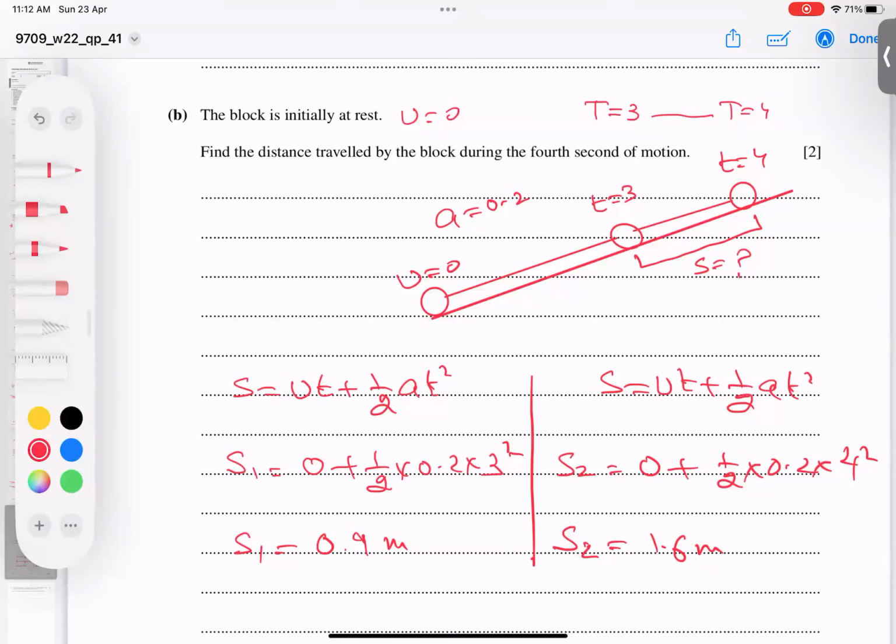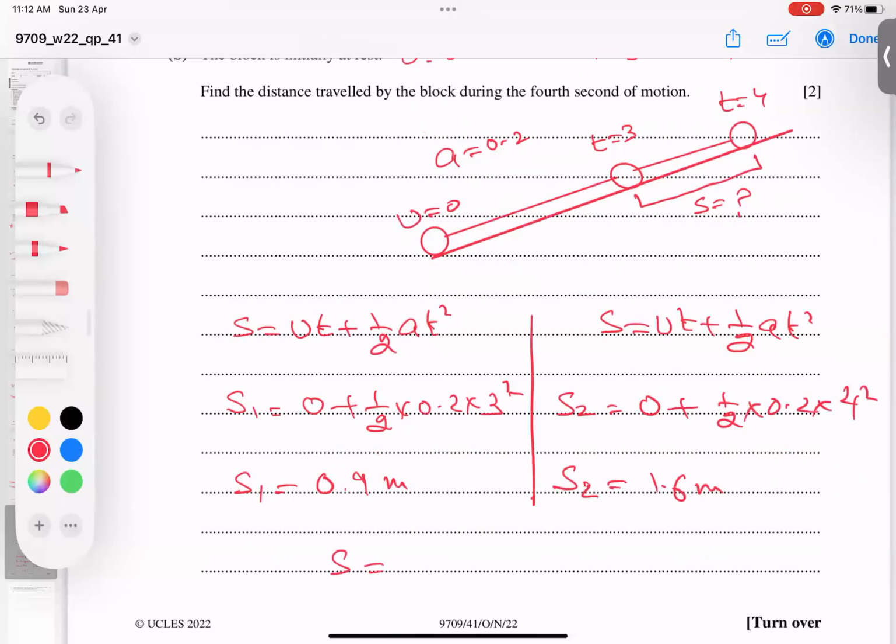You know very well, students, the gap between them is my concern. Subtract them, so when I subtract I get 0.7. So the distance between them is 1.6 minus 0.9, so S becomes 0.7 meters. I hope you got the point very clearly.